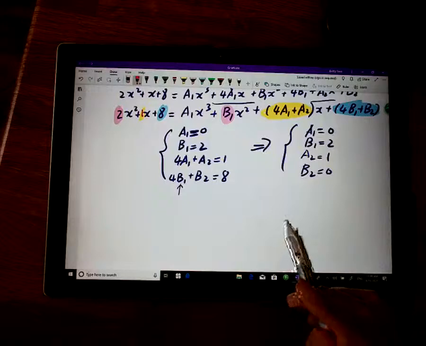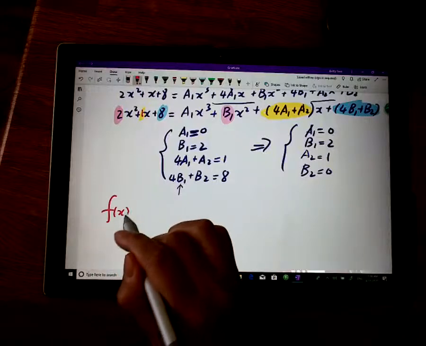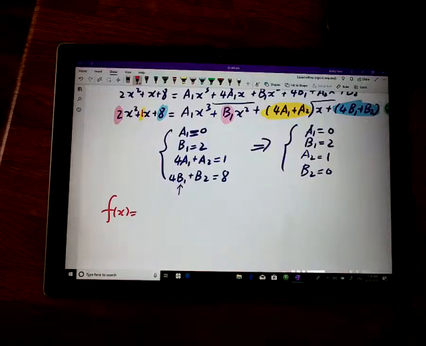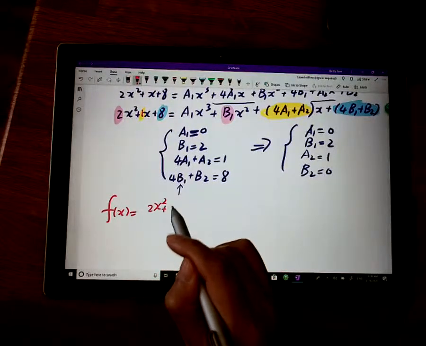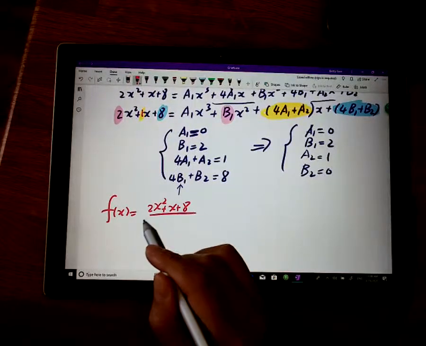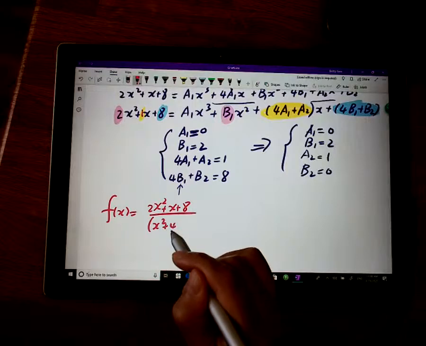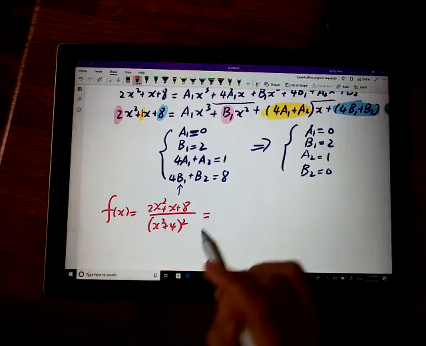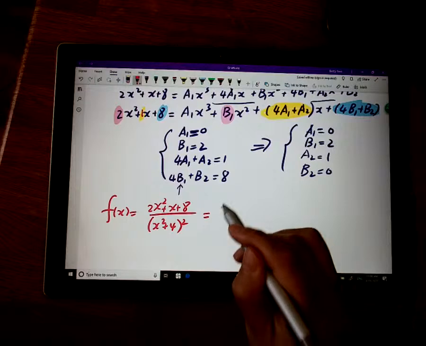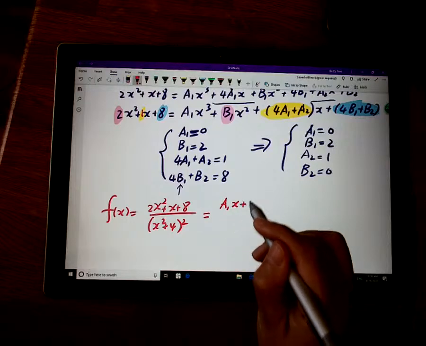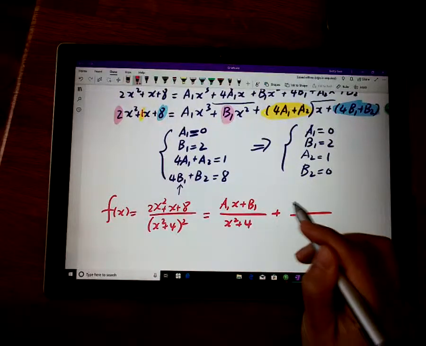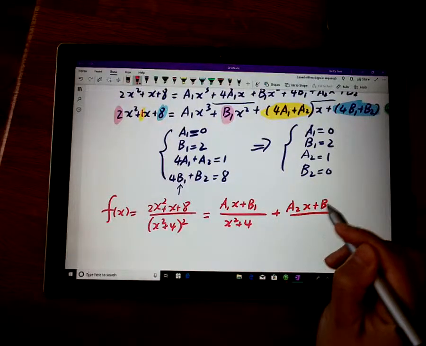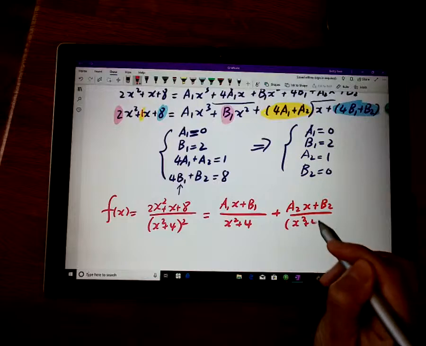We can make a conclusion. What's the original rational function? It is 2x squared plus x plus 8 all over x squared plus 4, squared, equals, originally, in the beginning, we decomposed the function as a1 x plus b1 over x squared plus 4, plus a2 x plus b2 over x squared plus 4, squared.